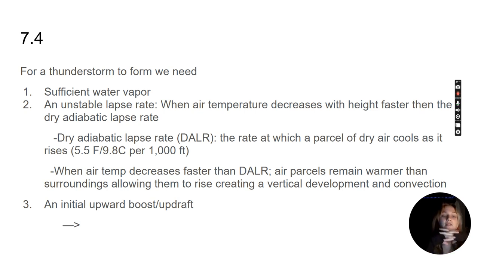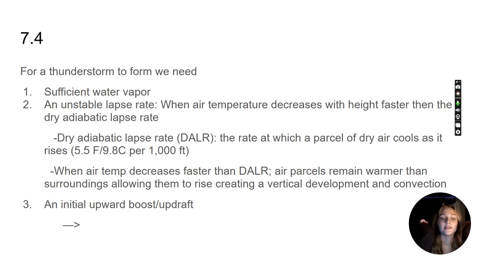That's 5.5 degrees Fahrenheit per 1,000 feet. When air temperature decreases faster than the DALR, air parcels remain warmer than the surroundings, allowing them to rise, creating vertical development and convection. An air parcel is just a measurement of air. That's just what they use.